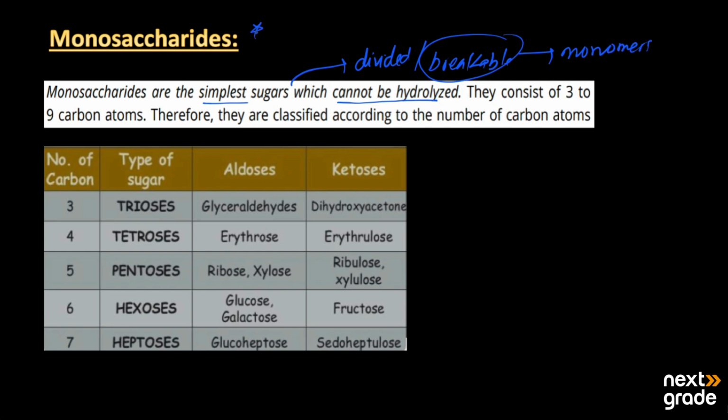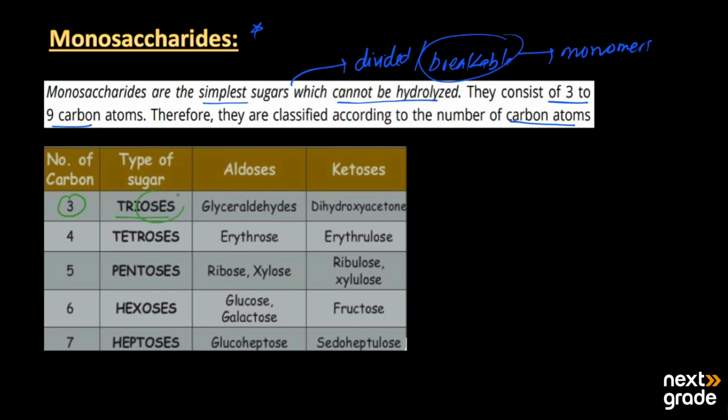They are simple sugars. They consist of 3 to 9 carbon atoms. Therefore, they are classified according to their carbon atoms. Then how are they classified? If we have three carbon atoms, then they are known as trioses.